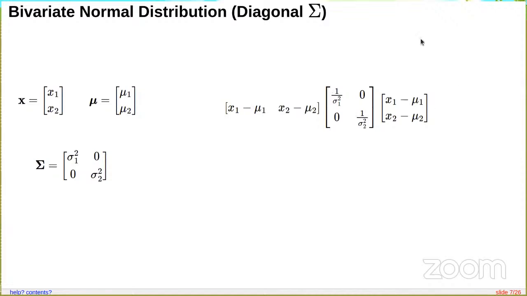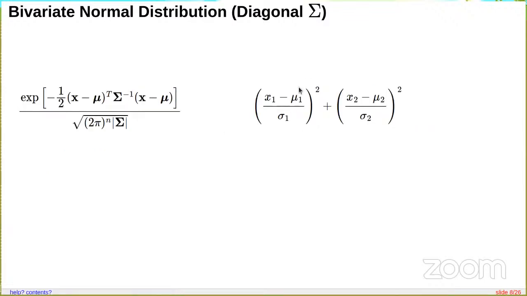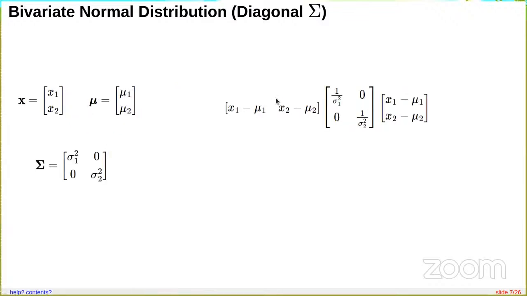Sigma inverse, because it's diagonal, the inverse is just the reciprocal of the diagonal elements, assuming that the diagonal elements are non-zero. And then this is x minus mu. If you multiply the whole thing together, you get something like this. It's a very simple expression: (x minus mu) by sigma whole square. But I didn't get that inverse of the diagonal elements. How's this coming as inverse?